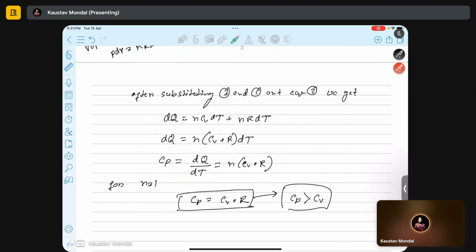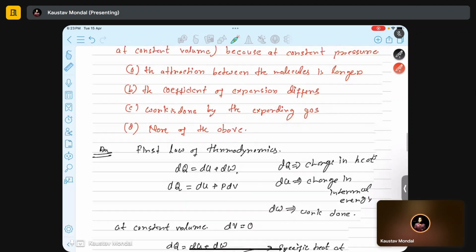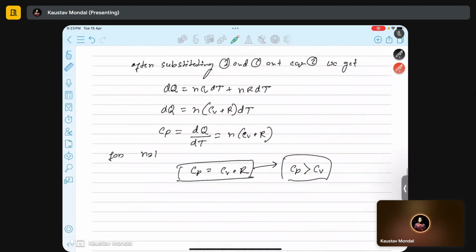Now, having proved that Cp would be greater than Cv, the next thing we have to consider is what would be the correct case over here.